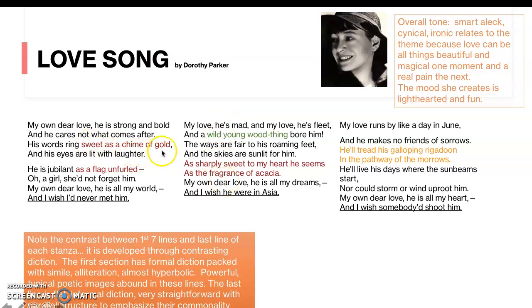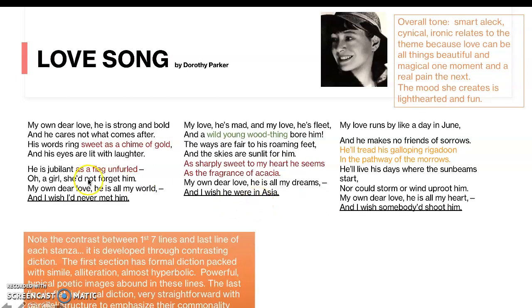It's got similes here. We've got simile, simile, simile. We've got alliteration. We've got almost like a hyperbole. He's so awesome in the first 7 lines of each stanza. He's so awesome that anyone would be crazy not to love him.